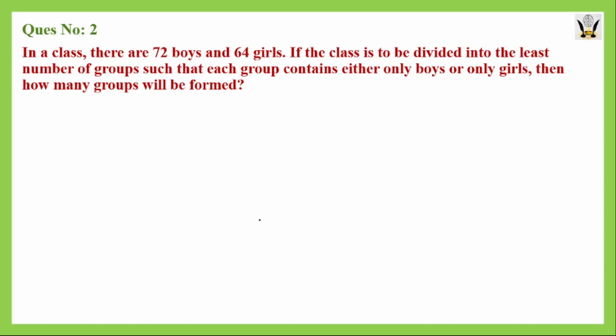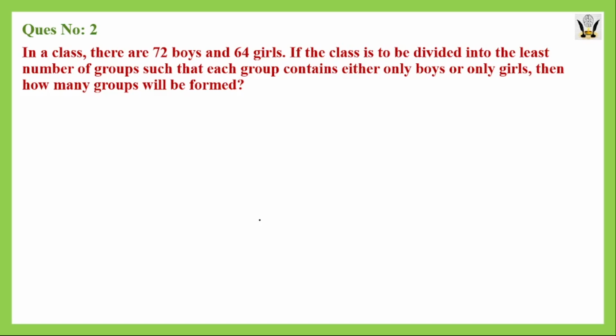So that number should divide 72 and 64 completely, and it should not leave any remainder. That means that number should be a factor or divisor of 72 as well as 64. That means it should be a common factor or common divisor of 72 and 64.